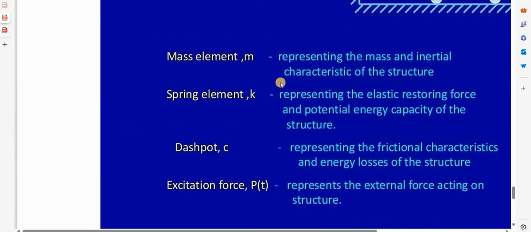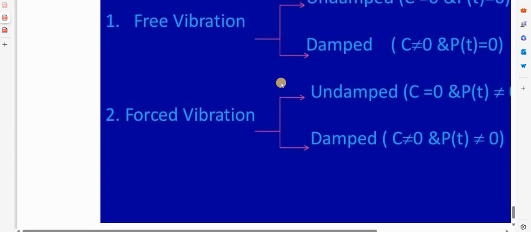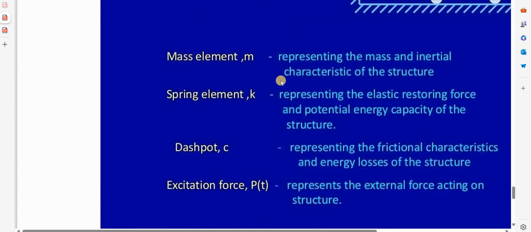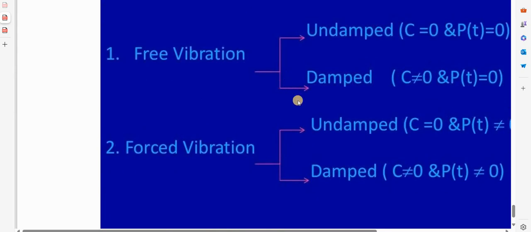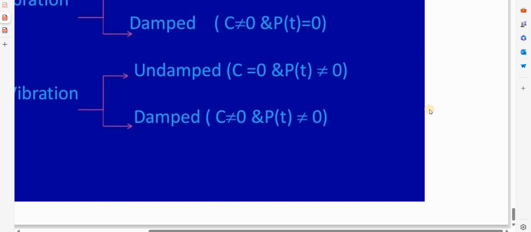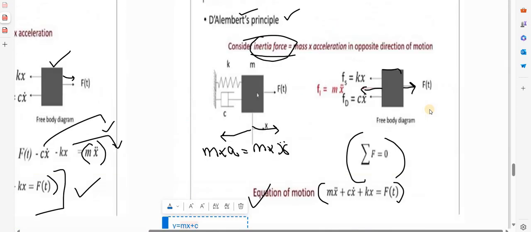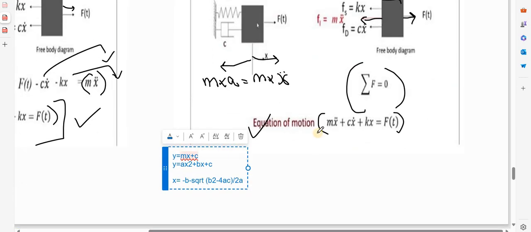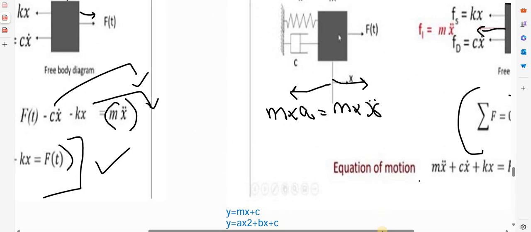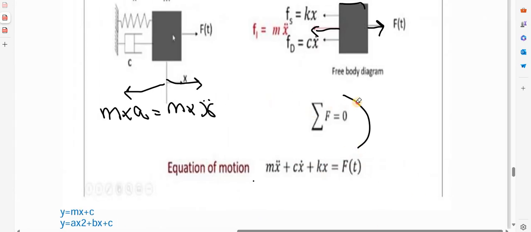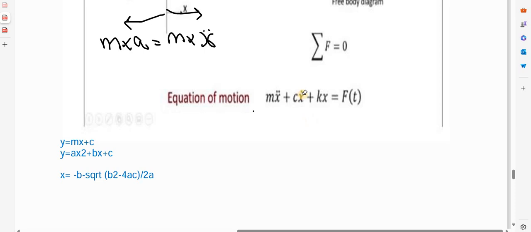Now I will wind up with one small thing, just for 2 minutes. So what we are going to study is this equation, m x double dot plus c x dot plus k x is equal to f of t.